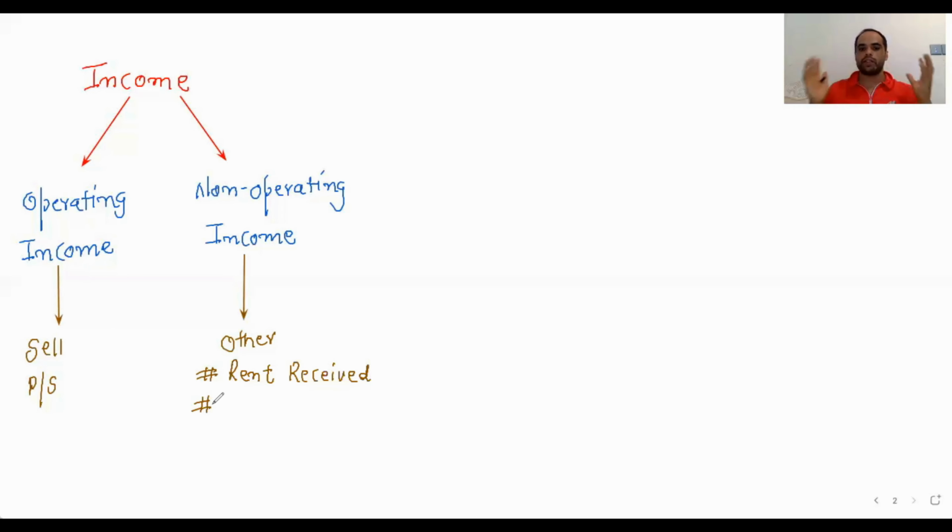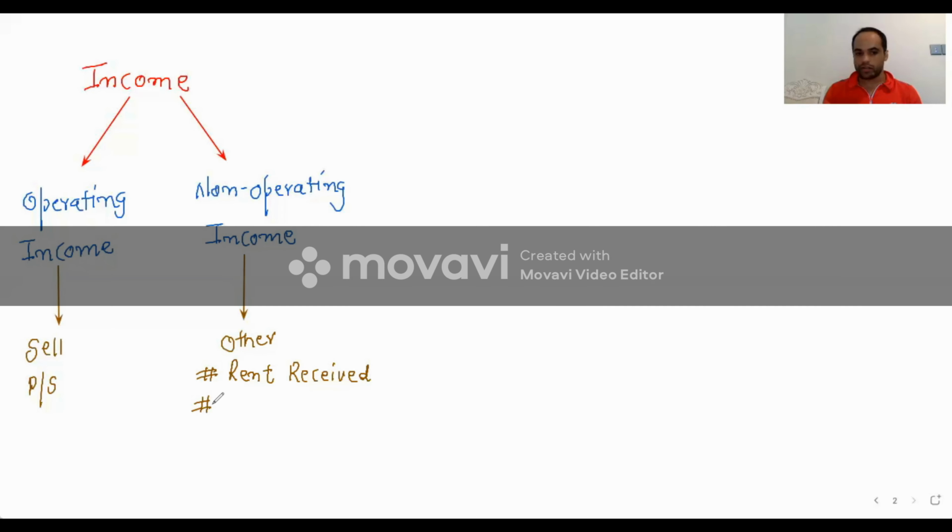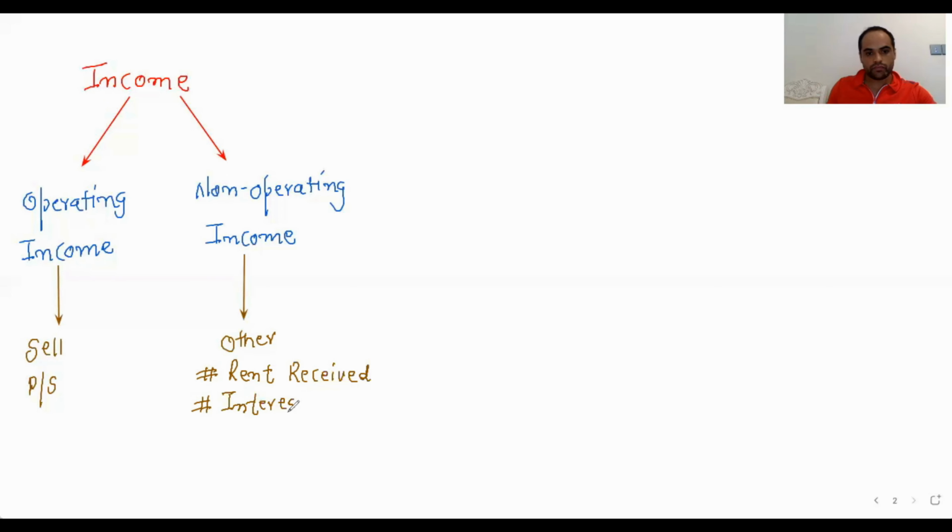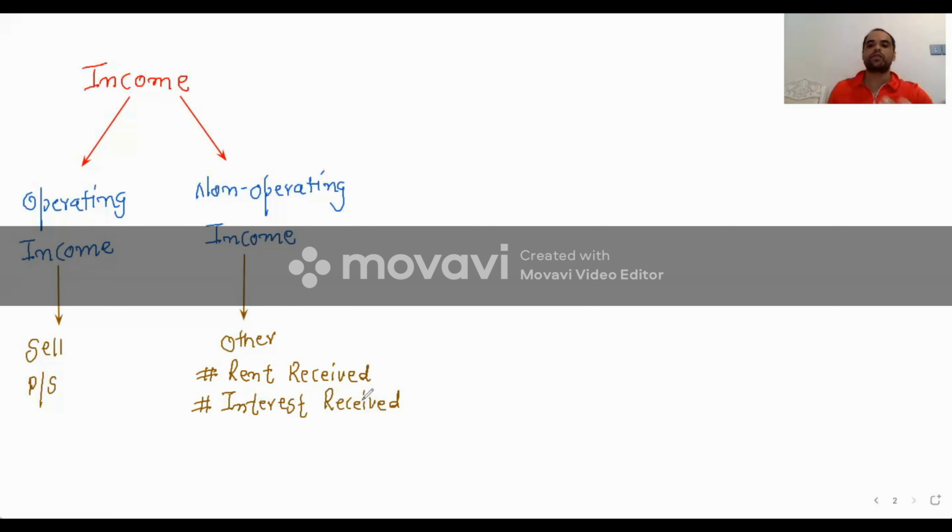Whatever money the company generates through that renting is called rent received. Second one is interest received. You have some money, you keep that money in the bank, and the bank gives you interest from time to time. You earn money, that's also your income, right?